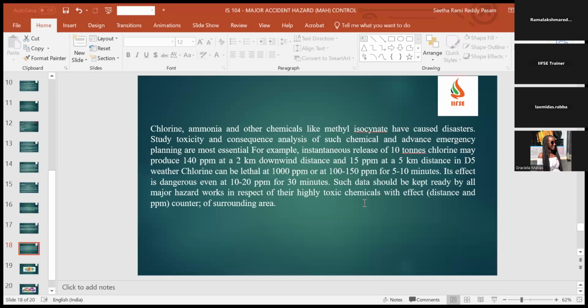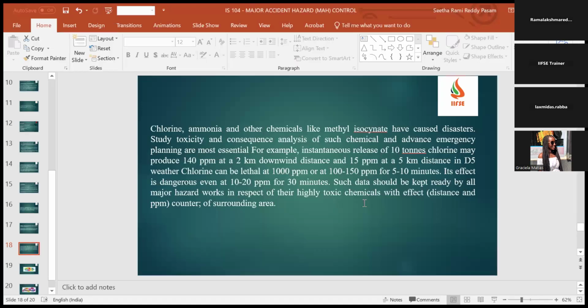So what will be the result? In 2 kilometers, nobody, even animals or birds, whoever has life, will completely die. Nobody can save them. And also 15 ppm at 5 kilometers.